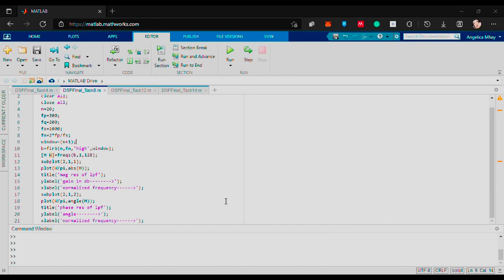This is task 8 of the final requirements for the digital signal processing laboratory, and we're going to show the high pass finite impulse response filter of the signal. There are actually several windows available here, which are the rectangular, Bartlett, Hamming, and Blackman.